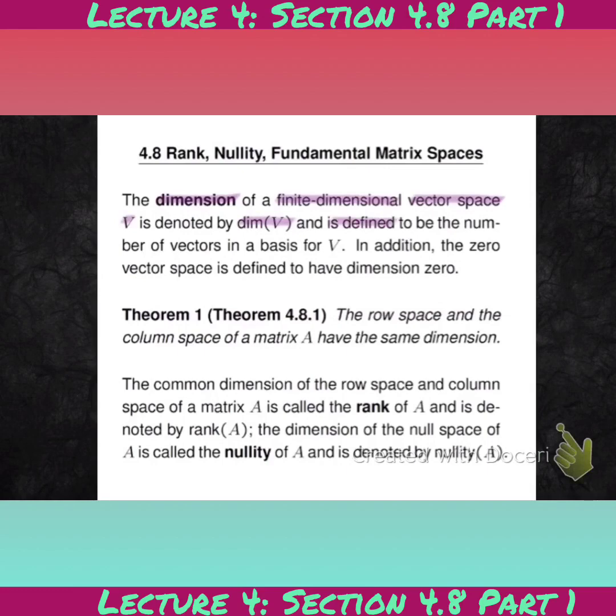It is defined as the number of vectors within the basis for V. Right, so the dim of V counts the number of vectors in the basis for a vector space V.